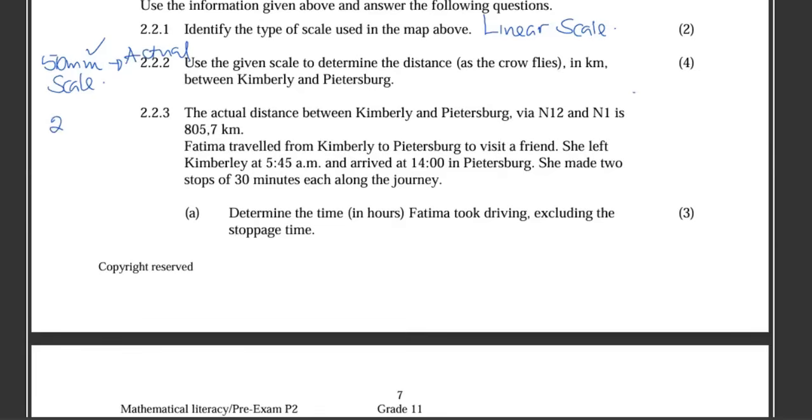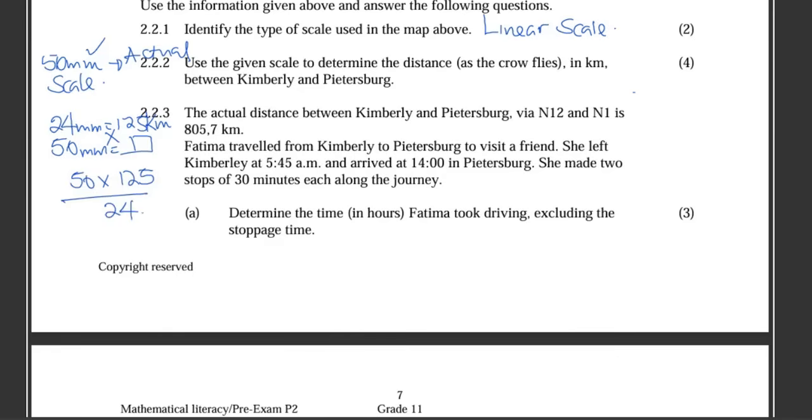So I'll say 24 millimeters is equivalent to 125 kilometers. But on paper I measured 50 millimeters. You ask yourself, what will it be? I cross multiply, which becomes 50 times 125 divided by 24.